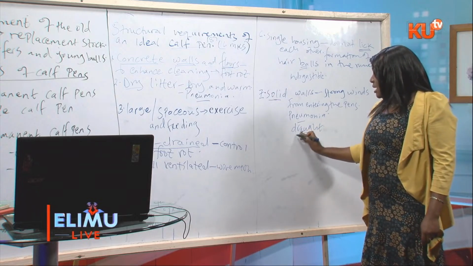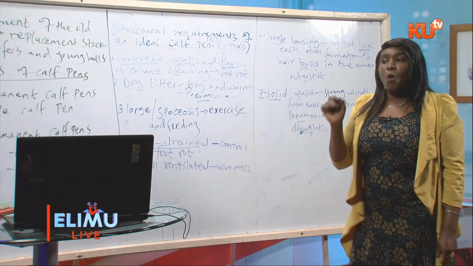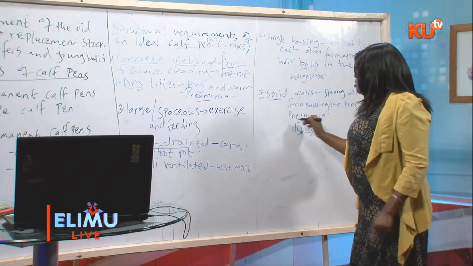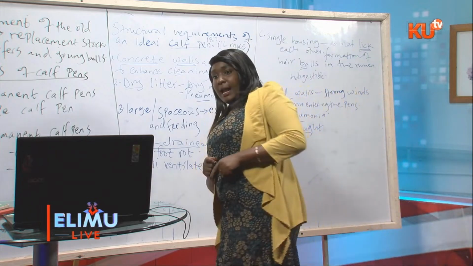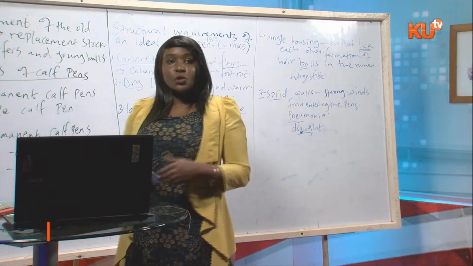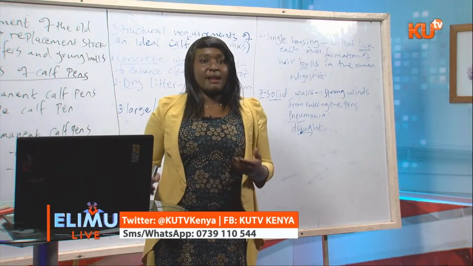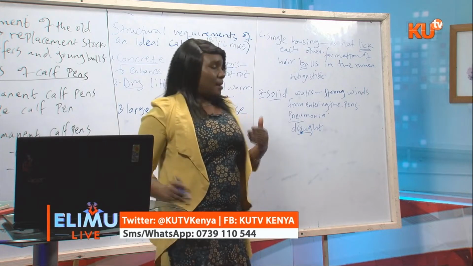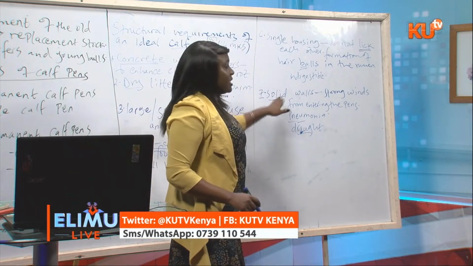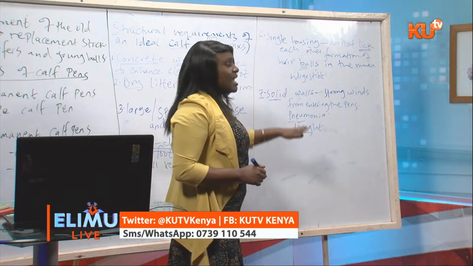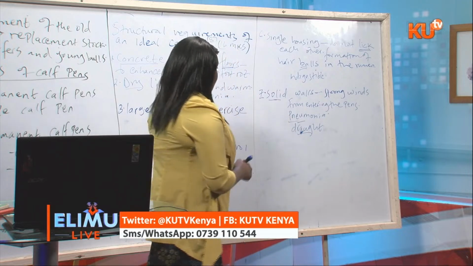So draught is brought about by strong winds coming from one direction that can cause pneumonia in these livestock animals. So dear learner, be keen even when you go to exercise this skill of rearing calves. You can be able to follow all these parts, and especially the solid walls, because pneumonia easily kills even children. Pneumonia easily kills even calves.